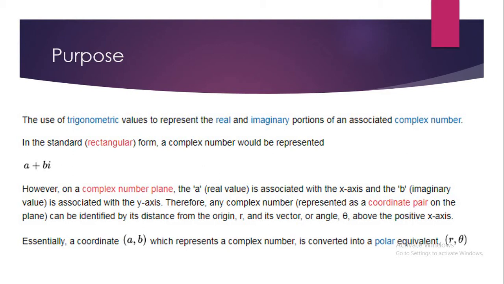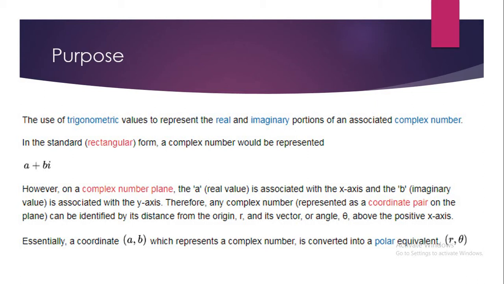However, on a complex number plane, I'm pretty sure by now we all know what the Cartesian plane is. The Cartesian plane is the plane we draw when we want to find the coordinates of a certain number or a certain point. In the Cartesian plane, we use the x and the y axis.